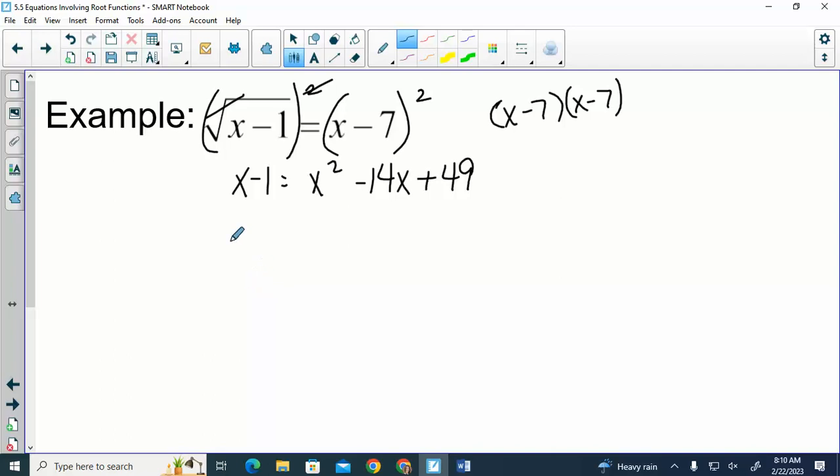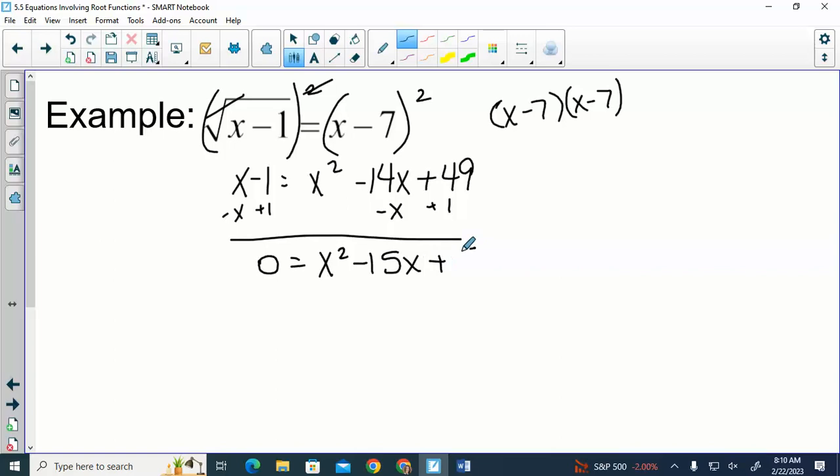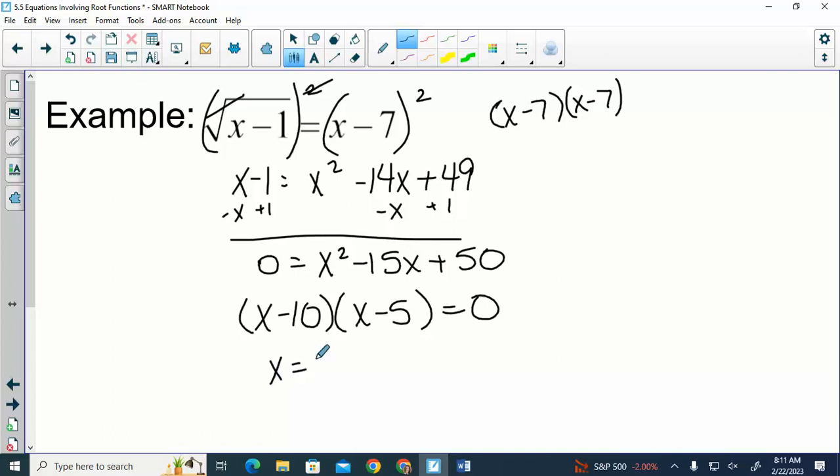Make it all on one side. So we'll subtract our x and add our 1. All right, multiply to 50 and add to negative 15. That is negative 5 and negative 10. Set them equal to 0, so we get 10 and 5.